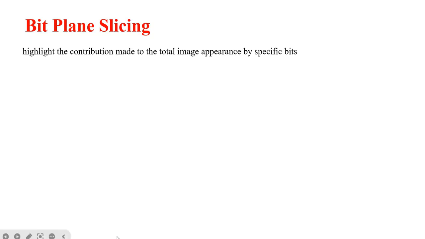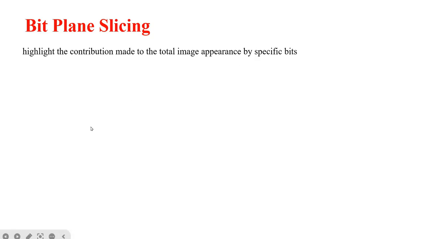And next, coming to bit plane slicing. Here the pixels are digital numbers which are composed of bits, and instead of highlighting the intensity level ranges, here we can highlight the contribution made to the total image appearance by specific bits.